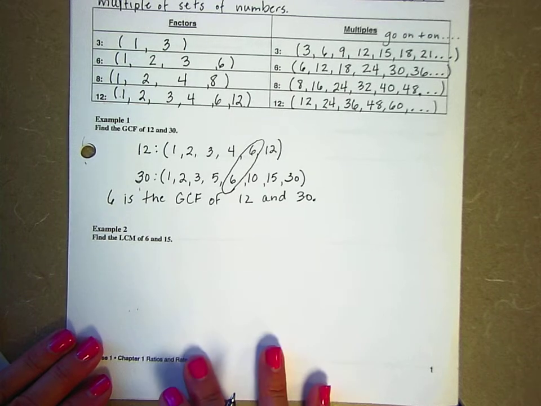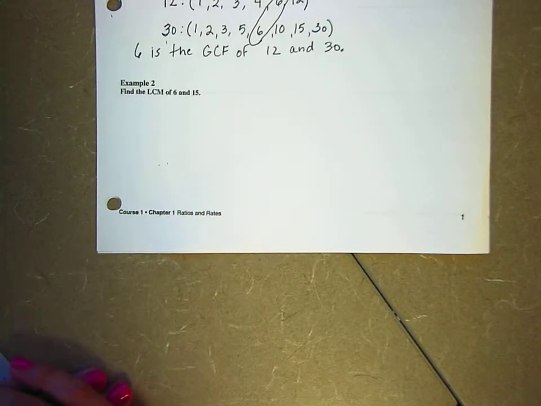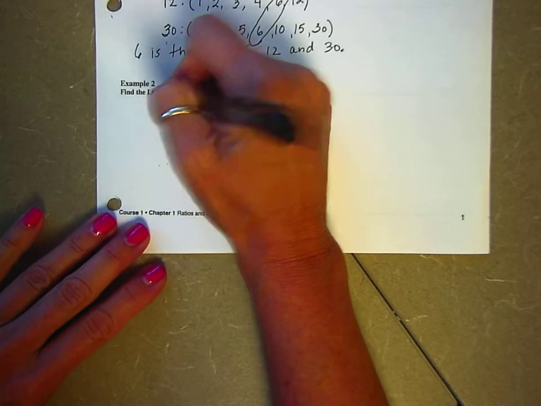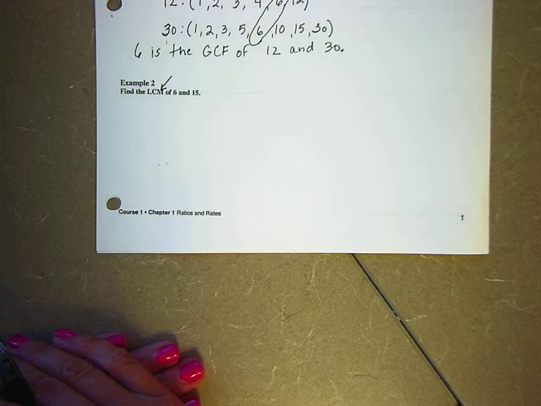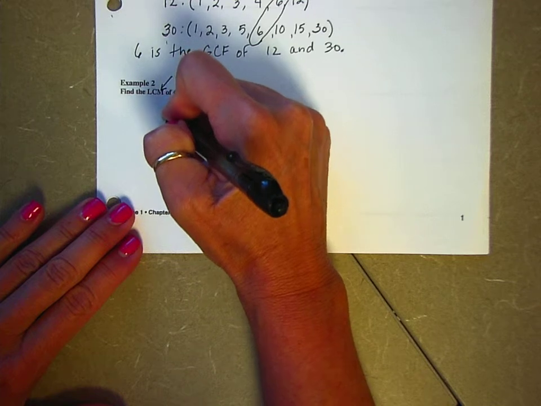Okay, looking at example 2. This is different because we're finding the LCM of 6 and 15. We are going to list the multiples of 6 and the multiples of 15. Okay, so let's think about this for a minute.